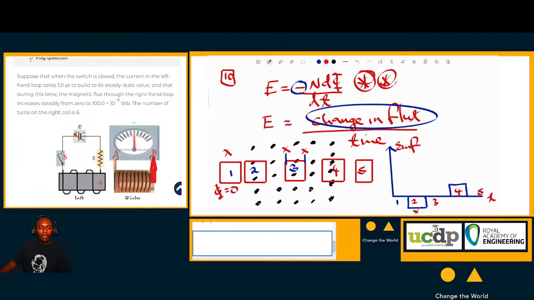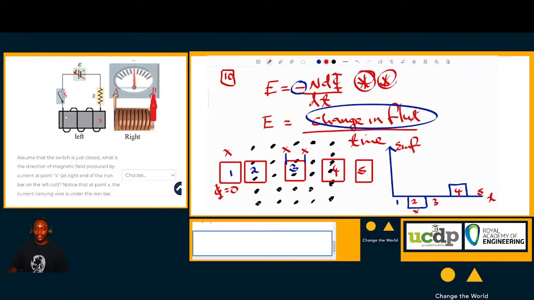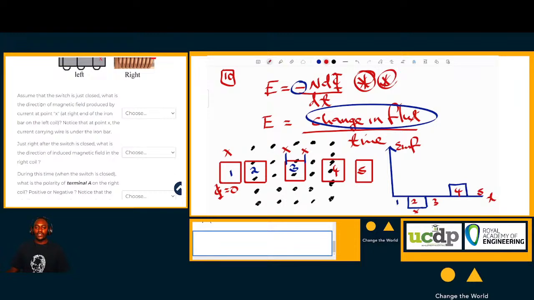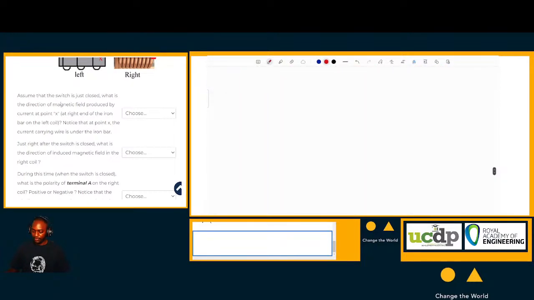The number of turns on the right coil is 6. Okay, so let's get to the question now. Assume that the switch is just closed. What is the direction of the magnetic field produced by the current at X?